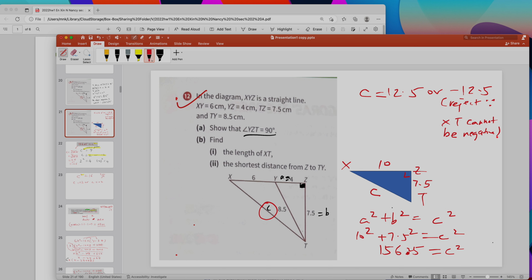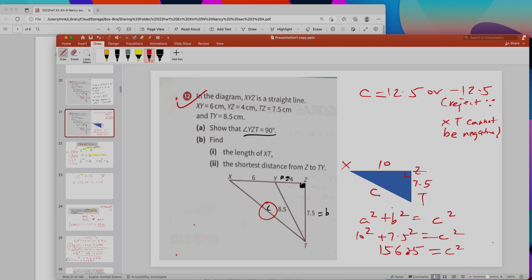Okay, so what I'm trying to tell you is, if you write down C equal to 12.5, technically you are wrong, because you have not considered negative 12.5. Okay, you have considered negative 12.5, but you reject it, that is another issue.